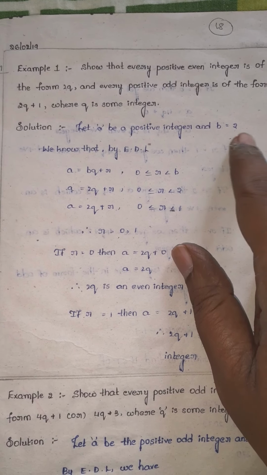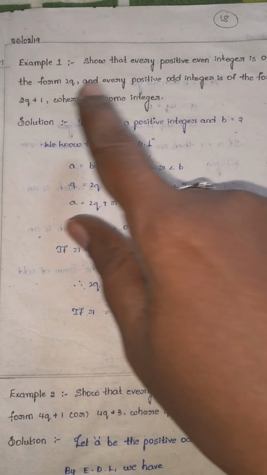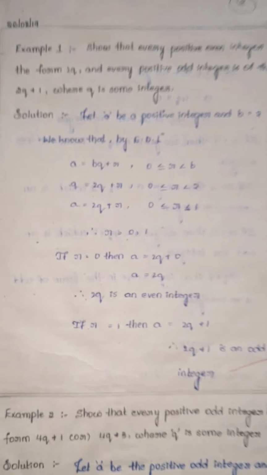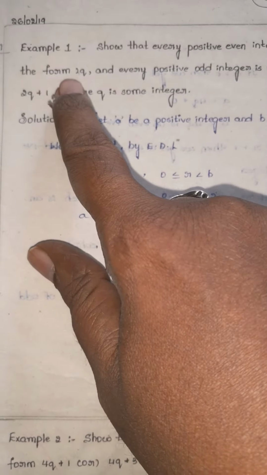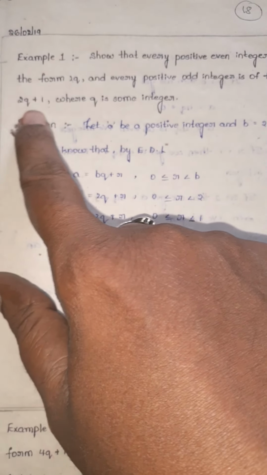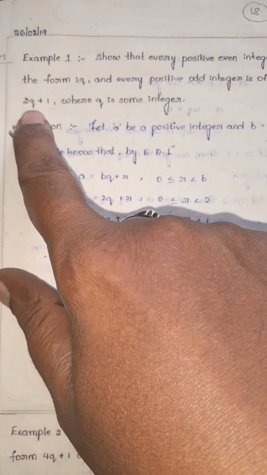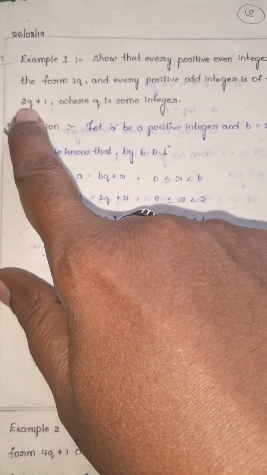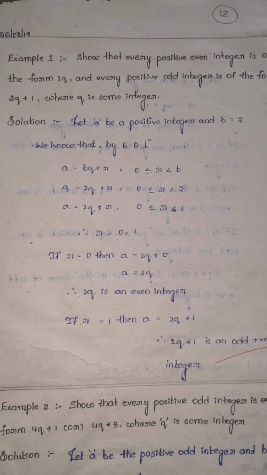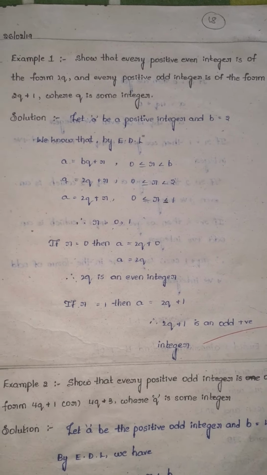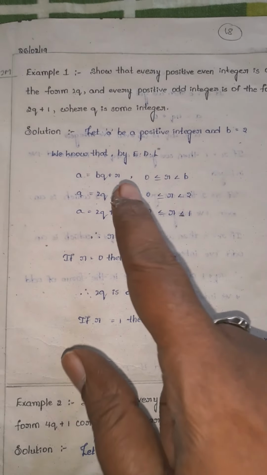B is nothing but the divisor. So here the form given is 2q, so what is the constant in that? 2. In 2q plus 1, what is the coefficient of q? 2. q is nothing but the variable, and so we can say b is the divisor also.